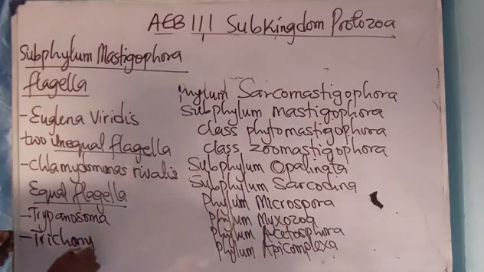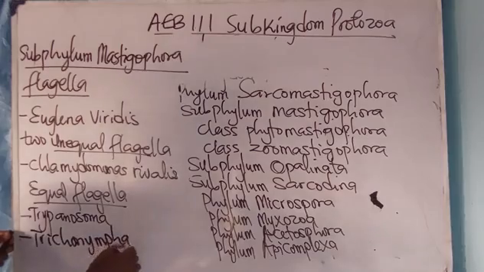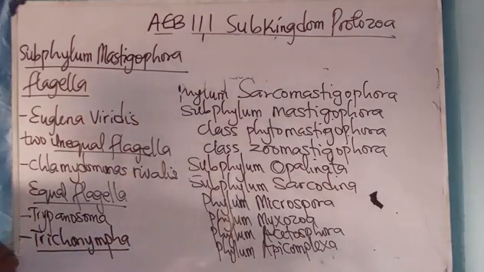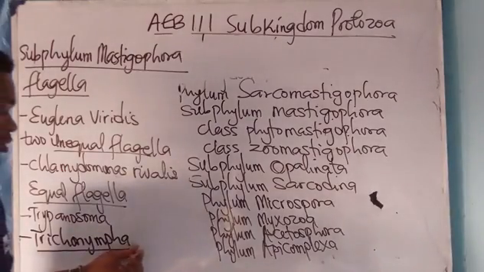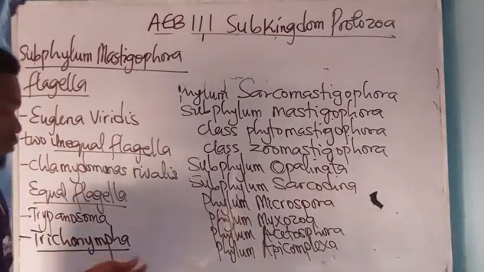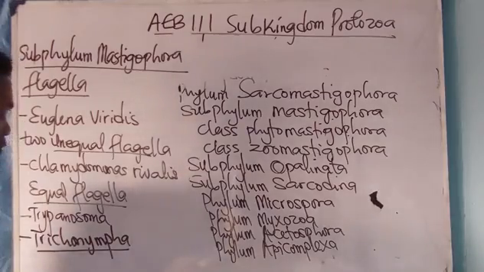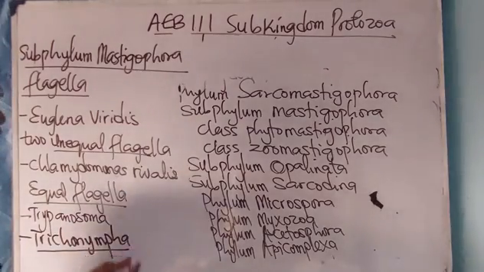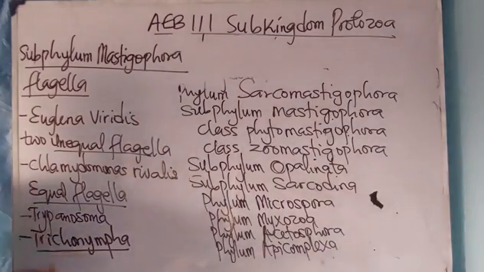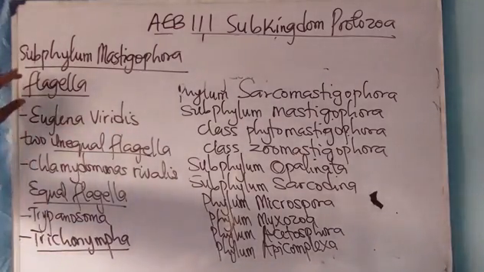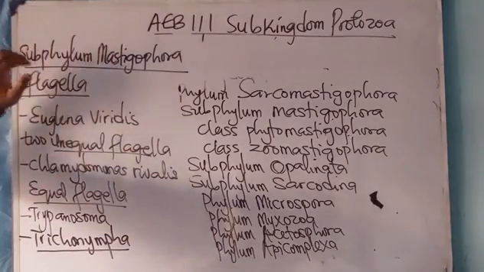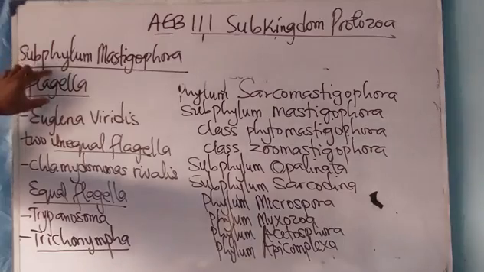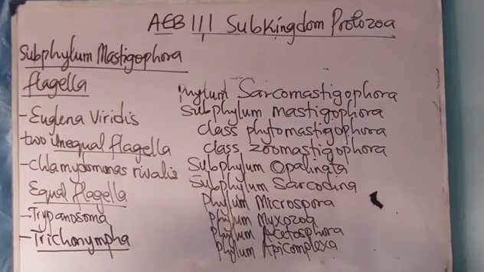I told you Trichonympha is found in termites. It helps in breaking down cellulose present in the stomach of termites. So that is all about the Mastigophora. They are just organisms that possess flagella for locomotion. Please take note of that.